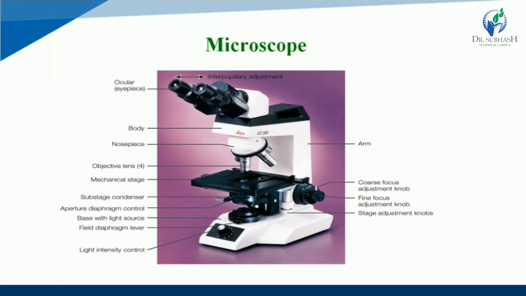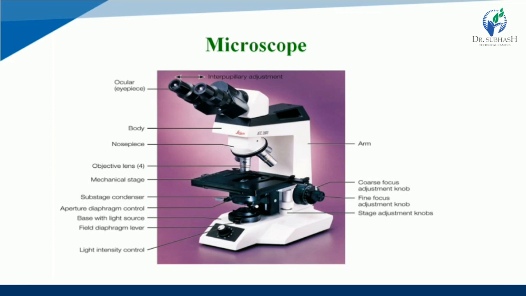It is also called eyepiece, through which the image is easily viewed. So the objective lens is located near the object, while the ocular lens is also called eyepiece. With the help of the eyepiece, we view the images.